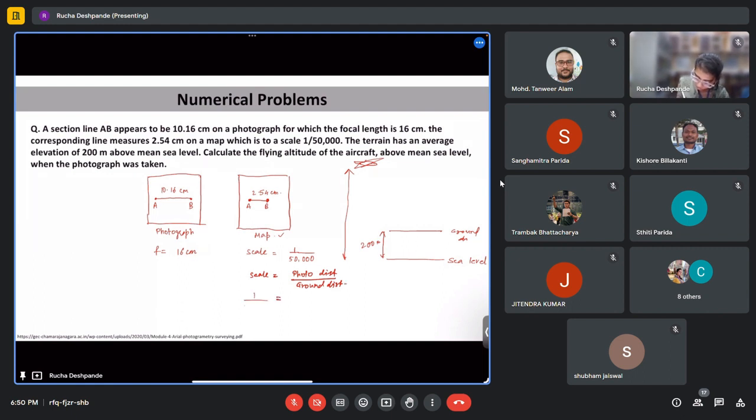So this is the actual ground distance. Now in this figure we can calculate the scale, which is photo distance by ground distance.